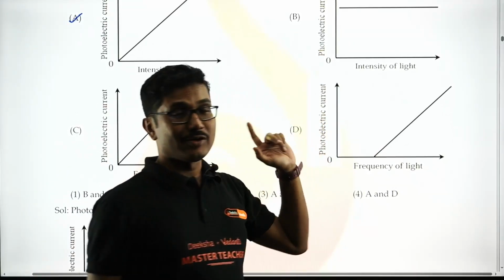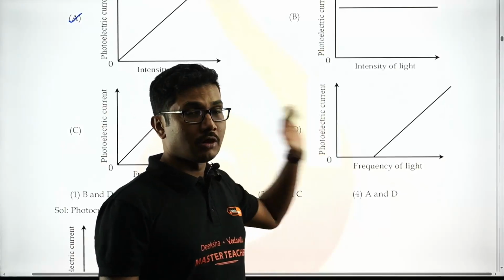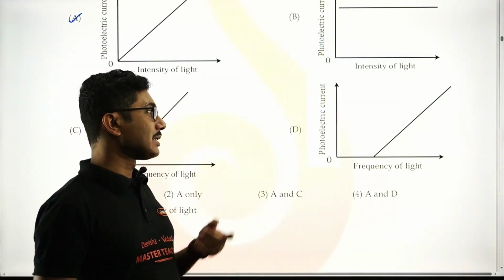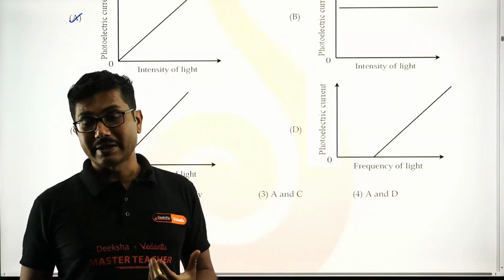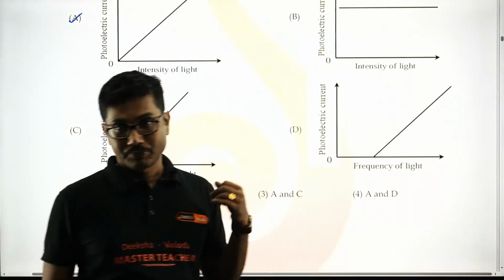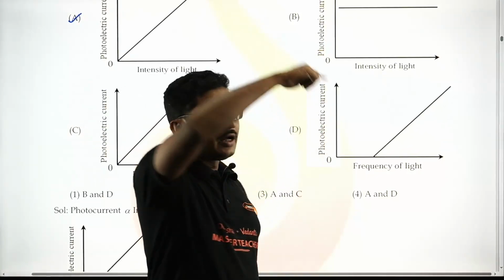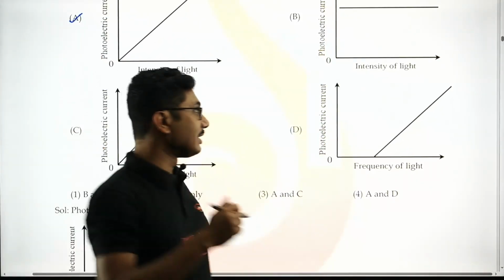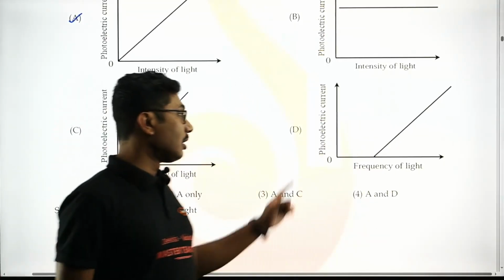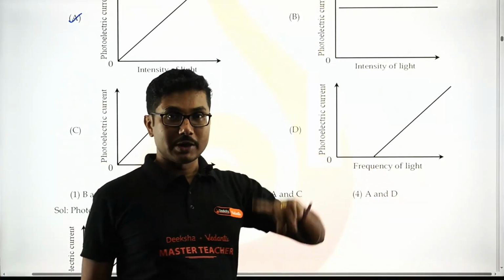For photoelectric current, you have to remember that it does not depend on frequency, it depends only on intensity. Whereas the stopping potential, whether the photoelectric emission will happen or not, depends on frequency.